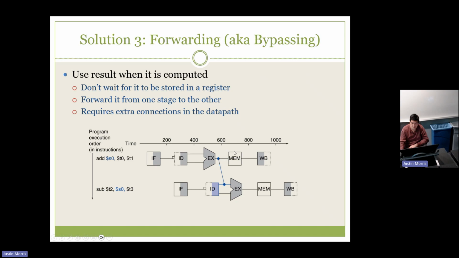So then at the beginning of cycle 4, I take that result from this register and forward it to my execute phase. So rather than using the data that I read from the register file, I throw that away and I use the correct data from the results of the add instruction.